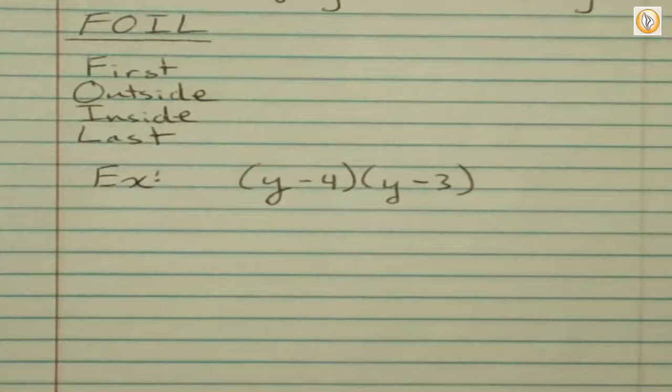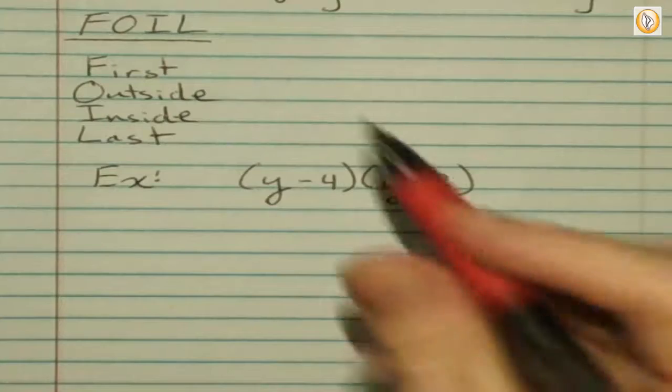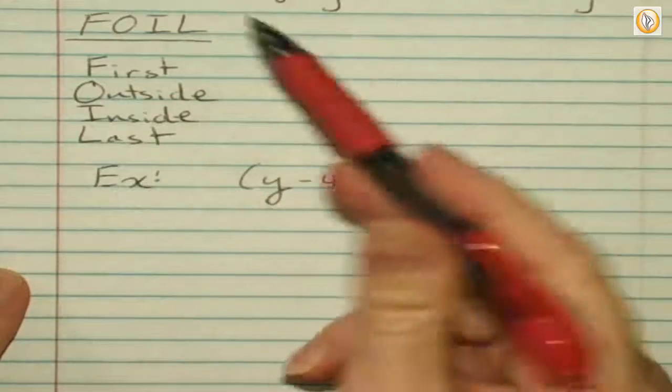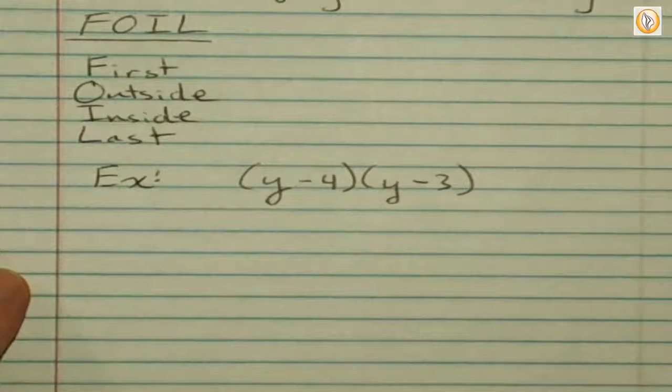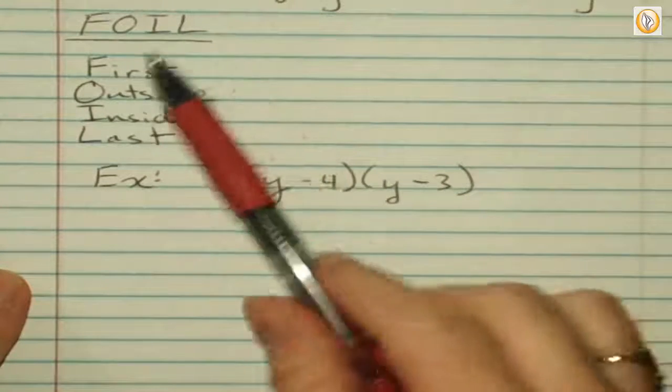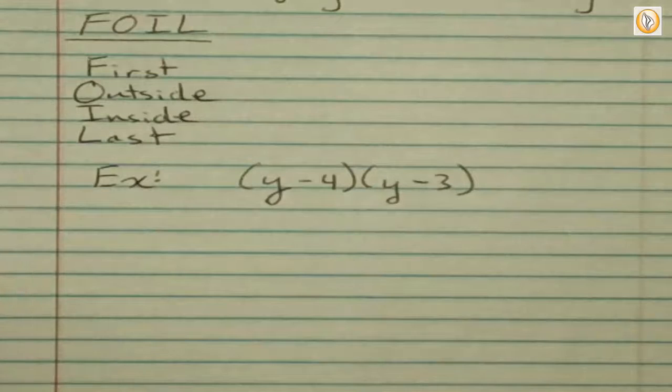Later on, you're going to need to rely on the FOIL method. If you did your arrows yesterday, it's not going to get you a wrong answer, okay?